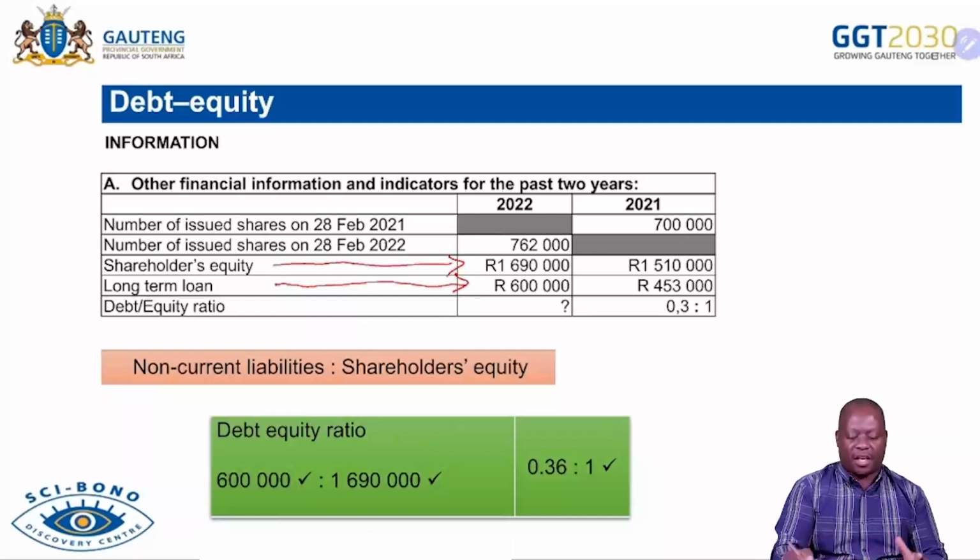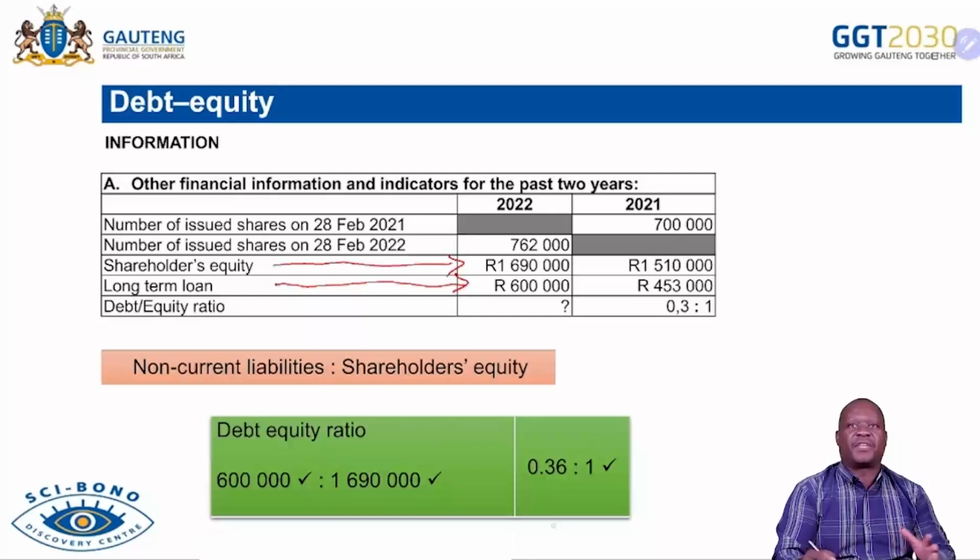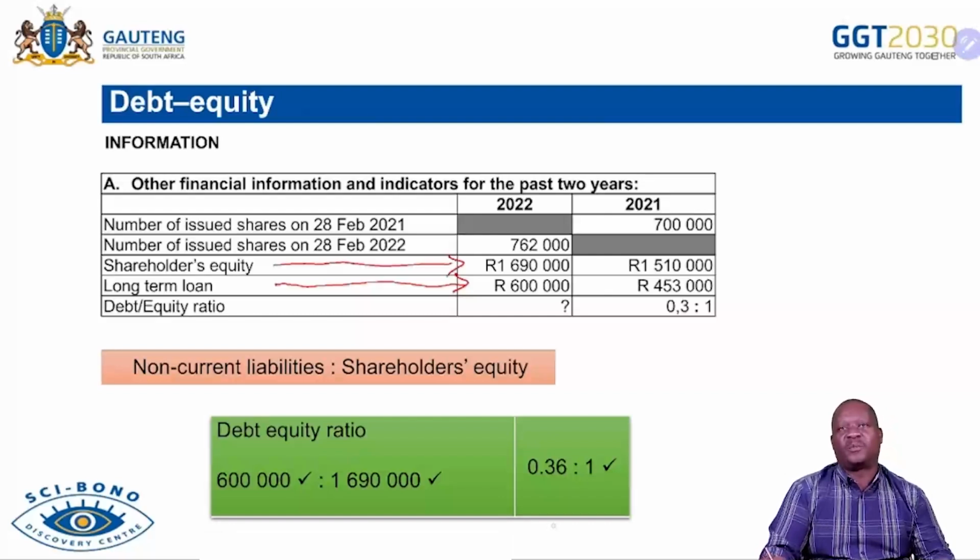And you can see when we calculate now, it's going to give us 0.36 on the left-hand side. So it therefore means it is going to be 0.36 as to 1. And this is our debt equity ratio.